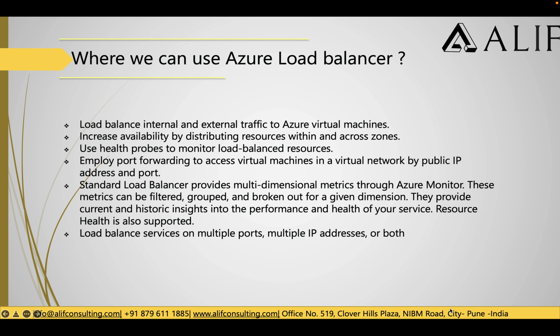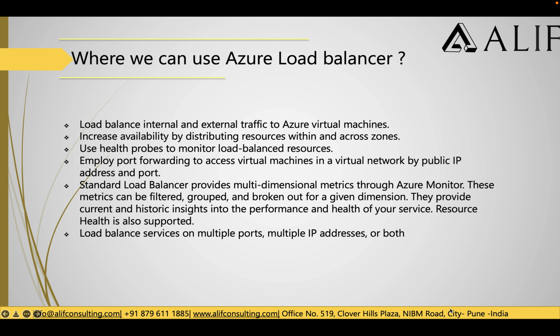Where can we use the load balancer? As I said, we can use it with any kind of external and internal applications. The load balancer has both internal and external capabilities. You can use it with the internal network or the external network. It allows us to increase the availability of your applications and distribute the resources in the backends.